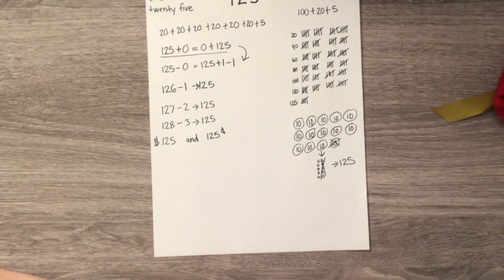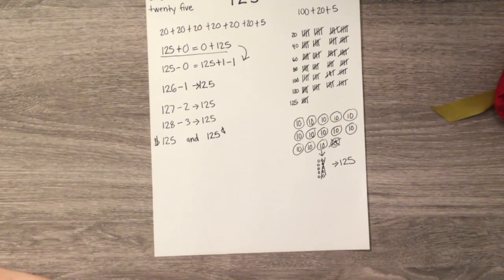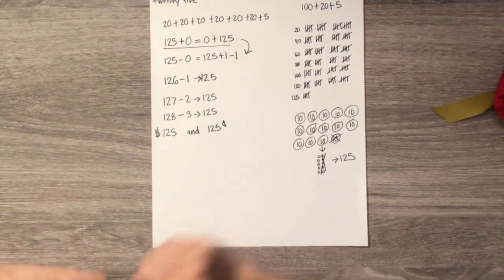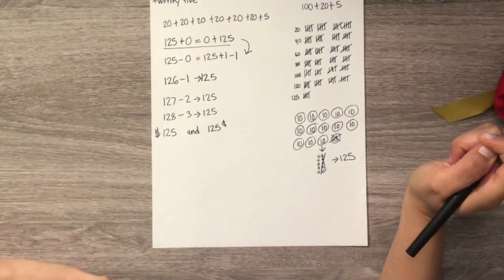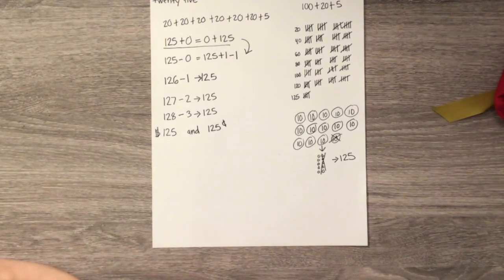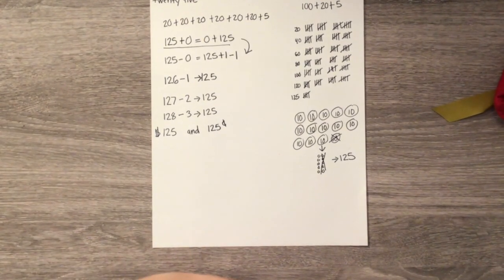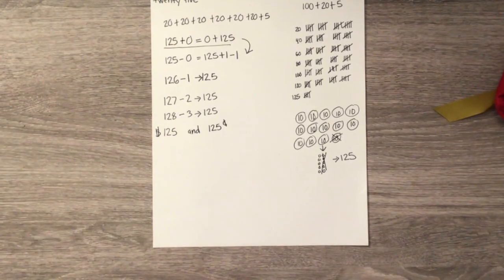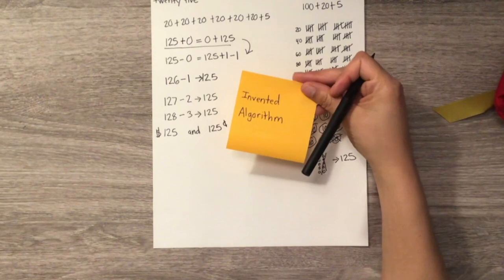So now we're going to do a math challenge. This is something new for some of us, so let's see how we do. To start off, we're going to pick a type of strategy that we want to try and represent on our paper. So today we're going to try and do an invented algorithm strategy.